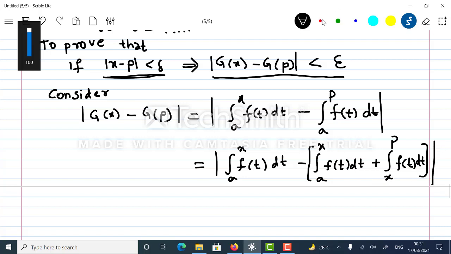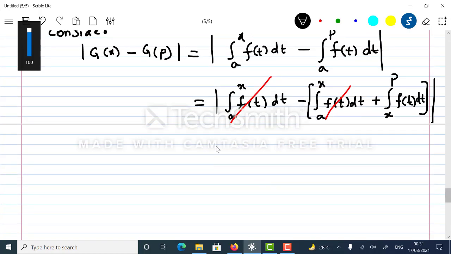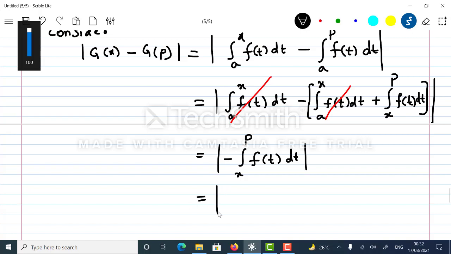Now you could see that this term and this term will get cancelled. So what I am left with is as follows. I will have minus integral x to p f of t dt. But the modulus of minus is the same as that of integral x to p f of t dt. That's fine. That's a modulus property.